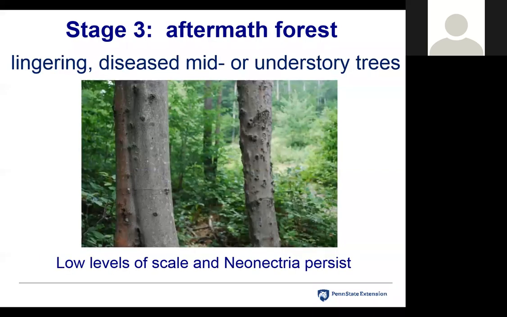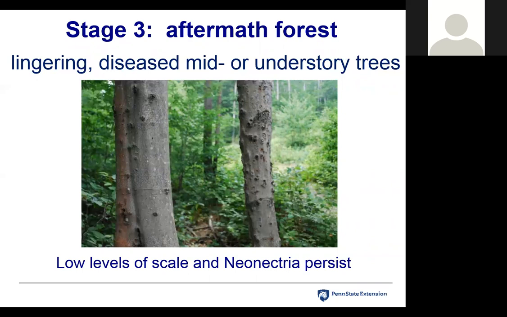What we also see, and this is actually a big part of the problem of the aftermath forest, is these lingering diseased trees that are smaller than the overstory, smaller than 11 inches. These are the ones in our mid-story, our sapling classes, and smaller, and these trees will linger for a long time.